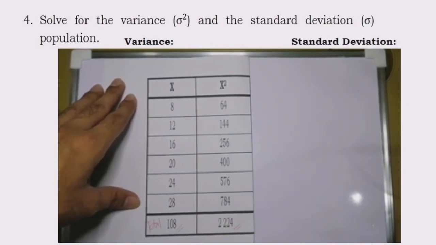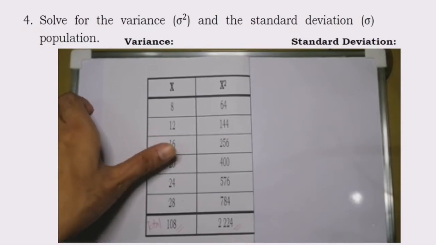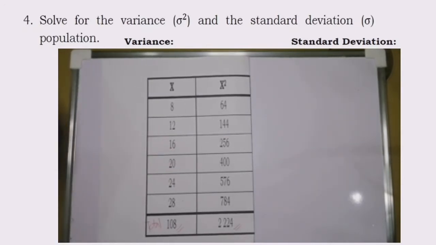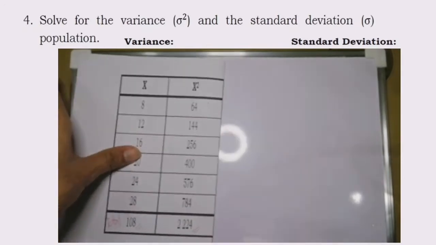In your learner's module on page 11 is the computation of the variance and standard deviation for the population.